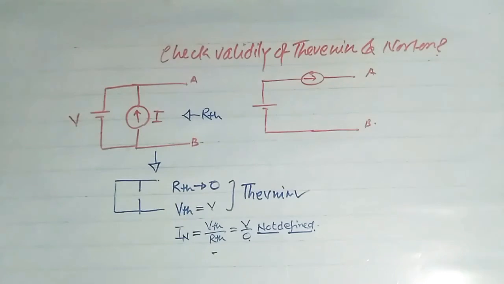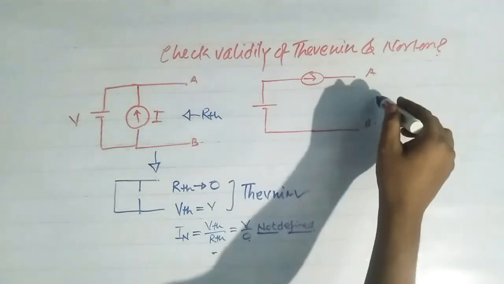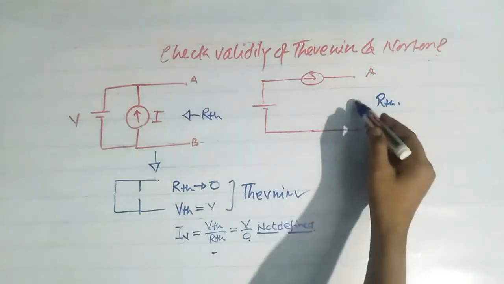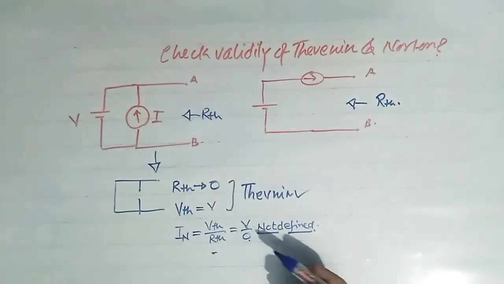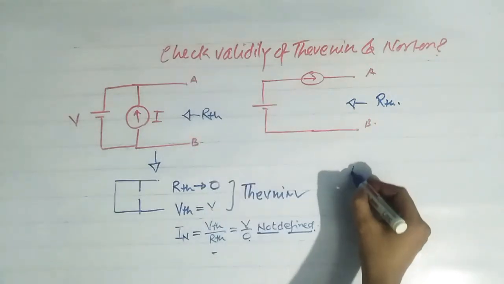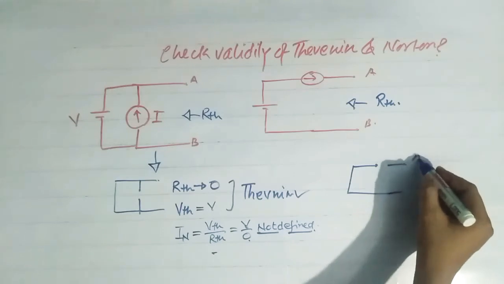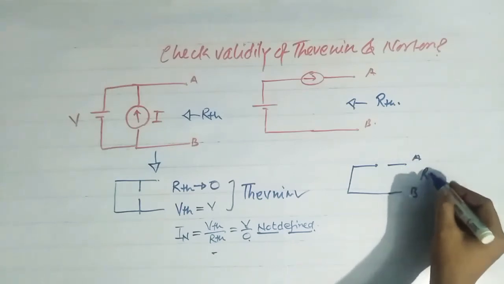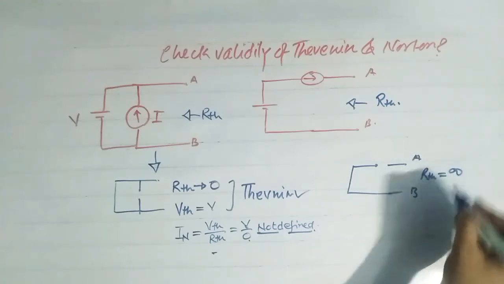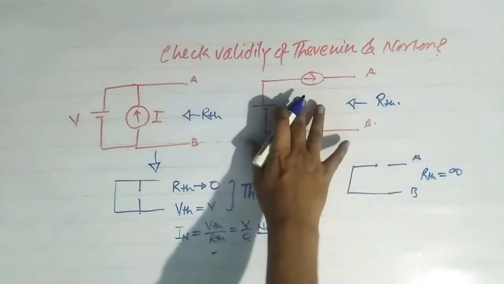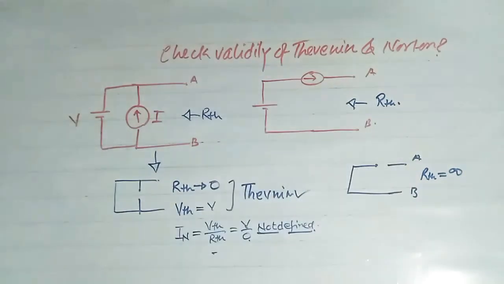Now see this circuit. Here for this circuit we have to find the RTH. What is RTH for this circuit? To find the RTH we have to short the voltage source and open the current source. In that case this RTH will be equal to infinity, because it has infinite resistance, that's why it is open circuited.